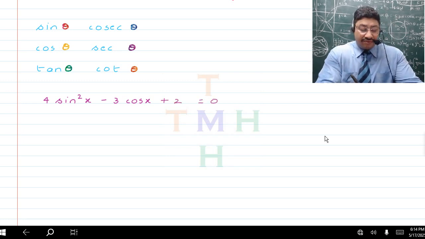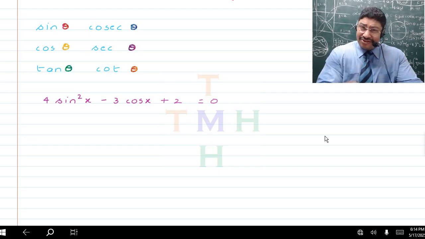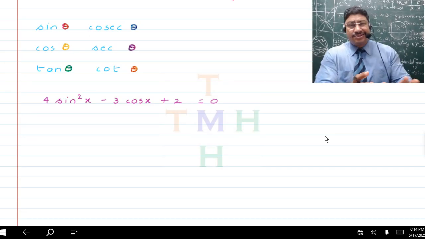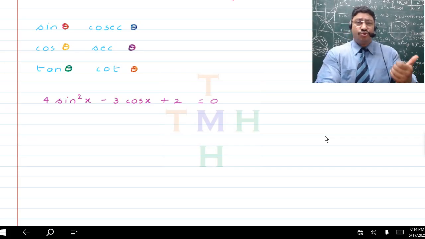So here, children, you get to see that this is actually an equation where the variable is a trigonometric ratio, something like sine theta, cos theta, etc. Right? And we actually don't have to find out this trigonometric ratio. Our task is actually to find out the angle which is associated with this trigonometric ratio. And it is not important as to which trigonometric ratio you use to get it.